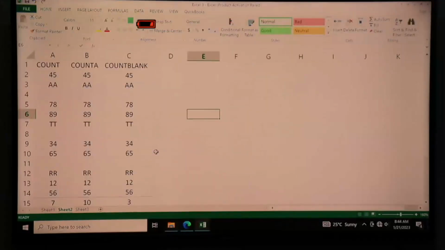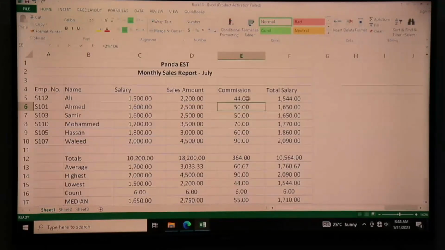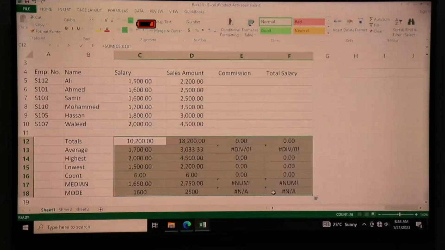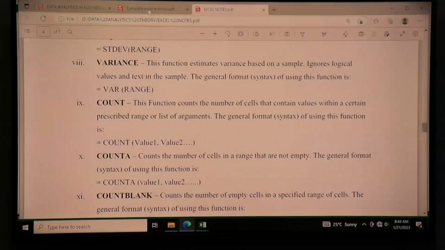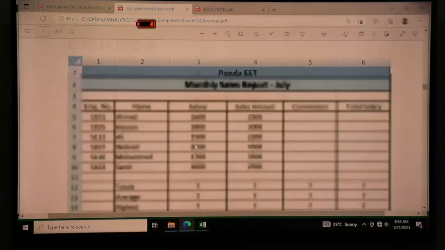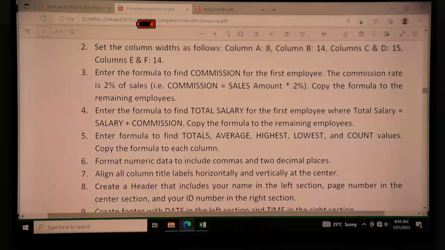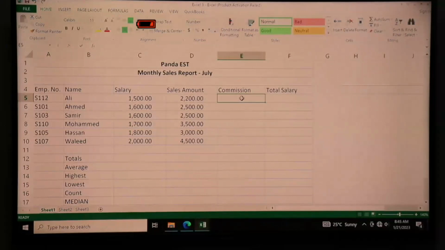In this exercise, you are told to perform a task by first getting the commission, then the total salary. Here is our data set, and you are told to enter the formula to compute the commission, where the commission is sales amount multiplied by 2%. 2% is not given in any cell, so we cannot have it absolute.